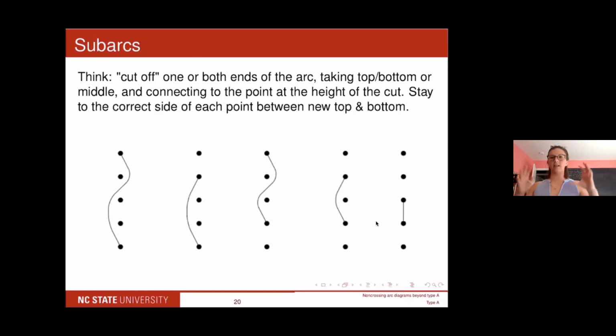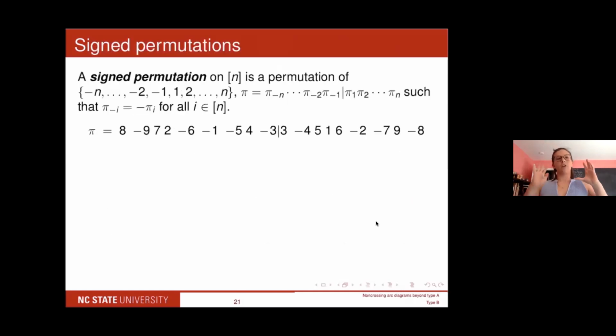So this is the idea that we've got coming from type A. We really want to generalize this now to type B and type D because they're more interesting cases. So sign permutations. A sign permutation on n is a permutation of negative n through n, skipping 0, written from pi negative n to pi n.